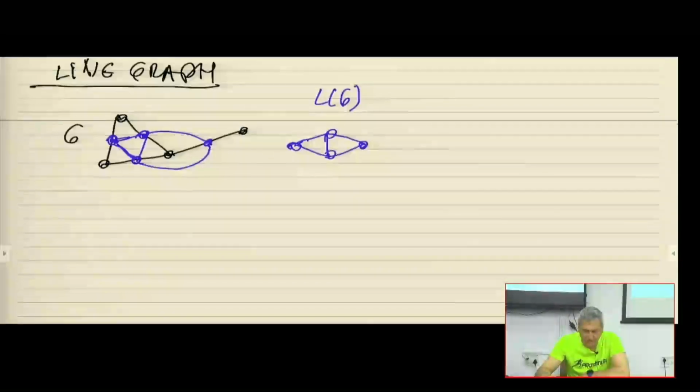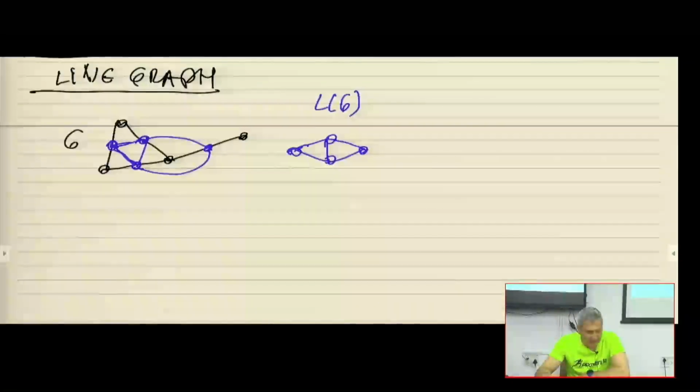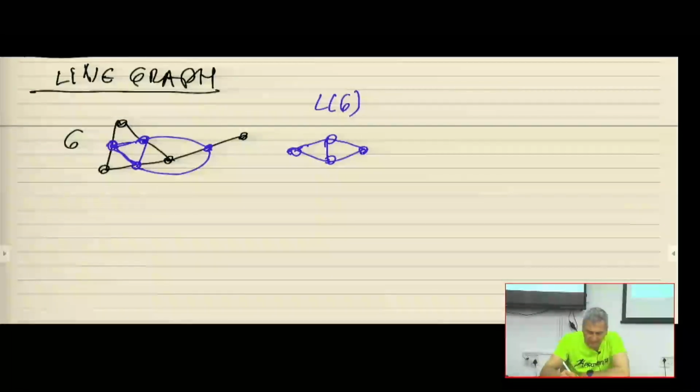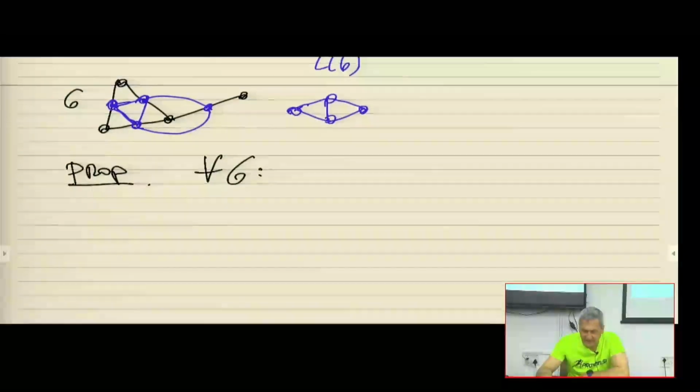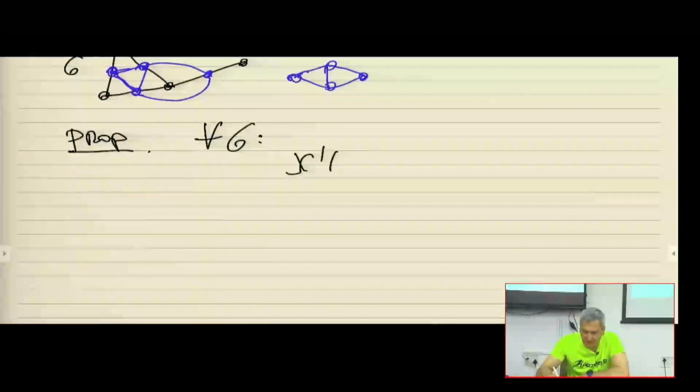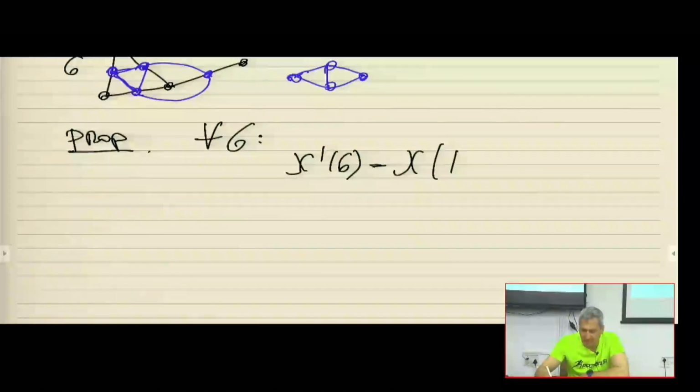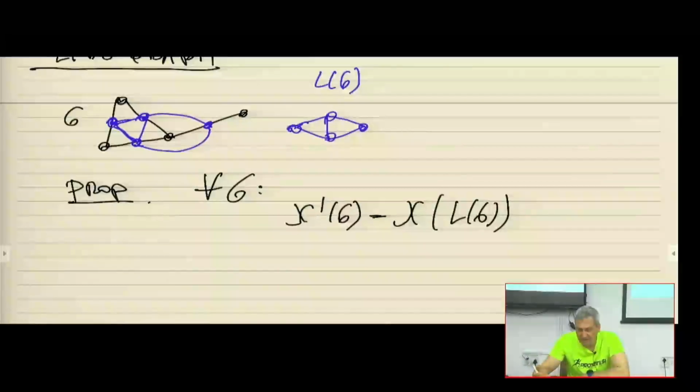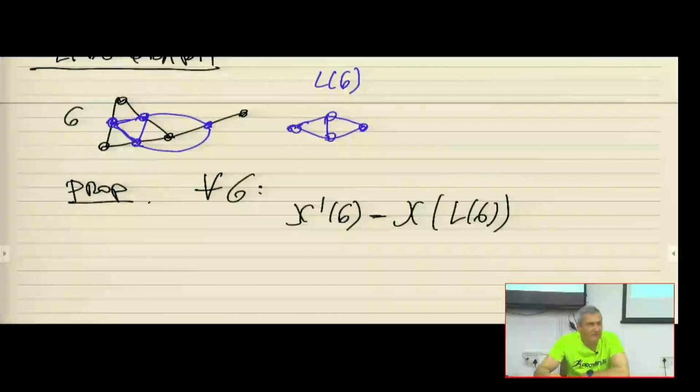Here is the following proposition: for every graph G, the chromatic index of G is equal to the chromatic number of L(G). This is more or less obvious. When we color the vertices of the blue graph, we actually color the edges of the original graph.